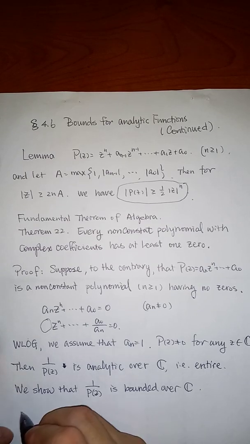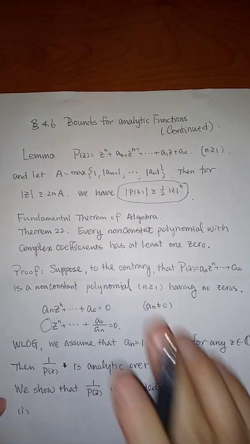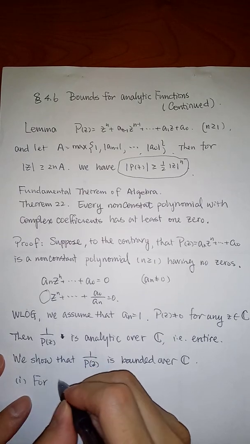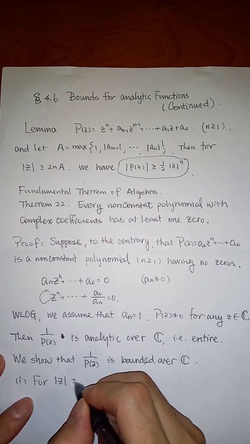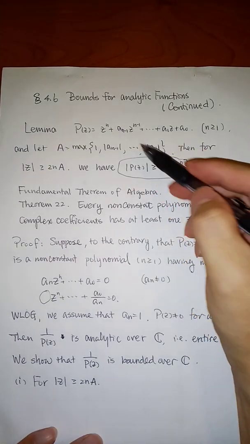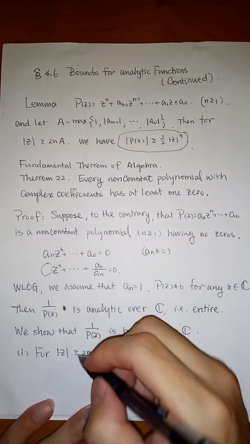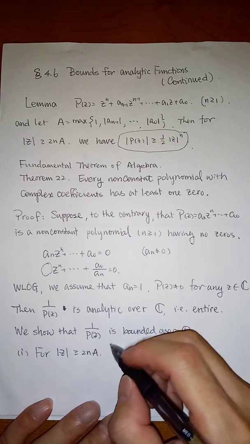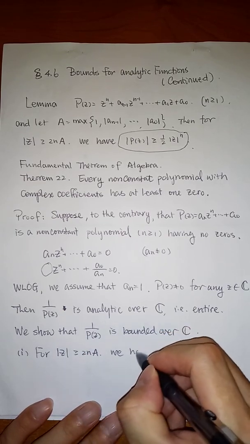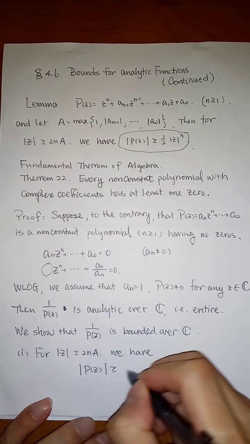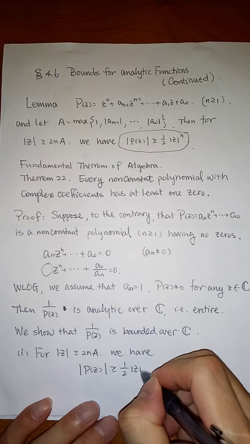How? We are going to apply the lemma we just proved. So for the absolute value of z greater than or equal to 2nA, we have the absolute value of p of z greater than or equal to 1/2 the absolute value of z to the n.